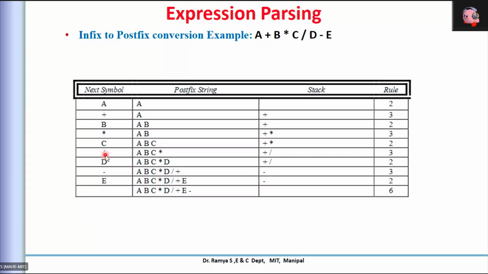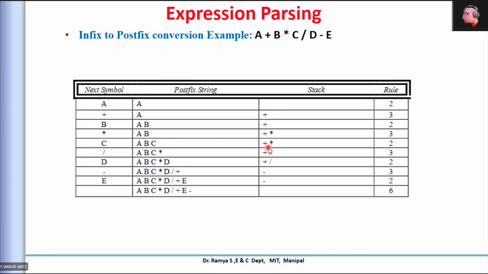See this line, these two lines. At this point only the operand C is put, and the stack contains plus and star. The moment it encounters the division, this division is compared with these two.